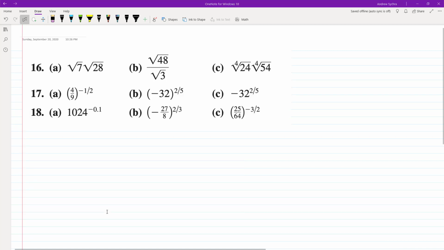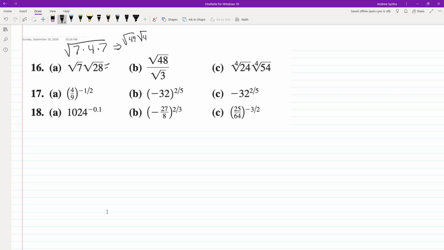So continuing on here, what we can do is combine these, so you can break down 28 into 4 times 7. And each of these can be broken down into the square root of 49 and the square root of 4, which is equal to 7 times 2, which is equal to 14.